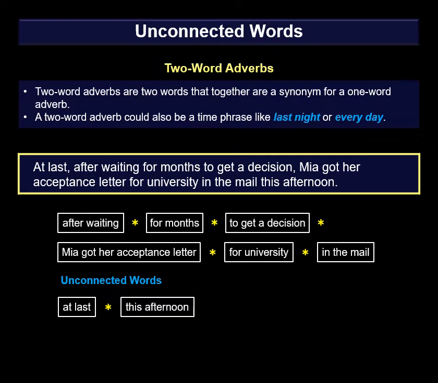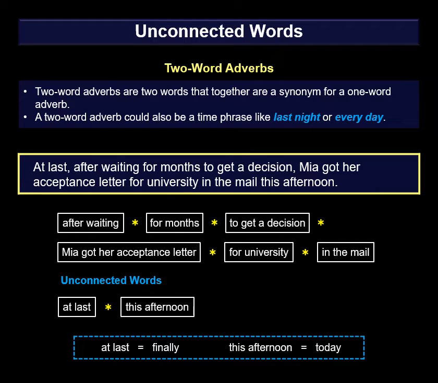And then you can look at this afternoon as a two-word adverb. I say at last and this afternoon are two-word adverbs because there's a one-word adverb with the same meaning. At last, finally. This afternoon, today. So these are the rules that you will follow in the Mr. K's Grammar Planet Chunky Language exercises.